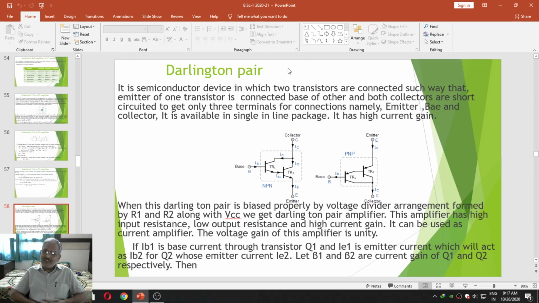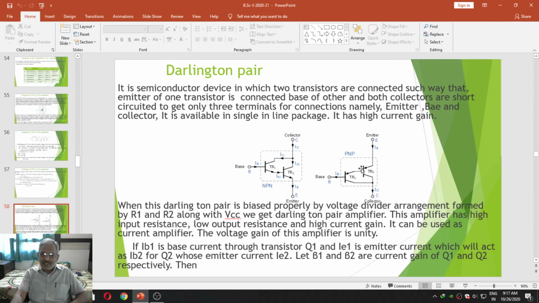That is the reason why it is called a Darlington pair. It is used to amplify the current, or to amplify the power. This pair has a high current gain.